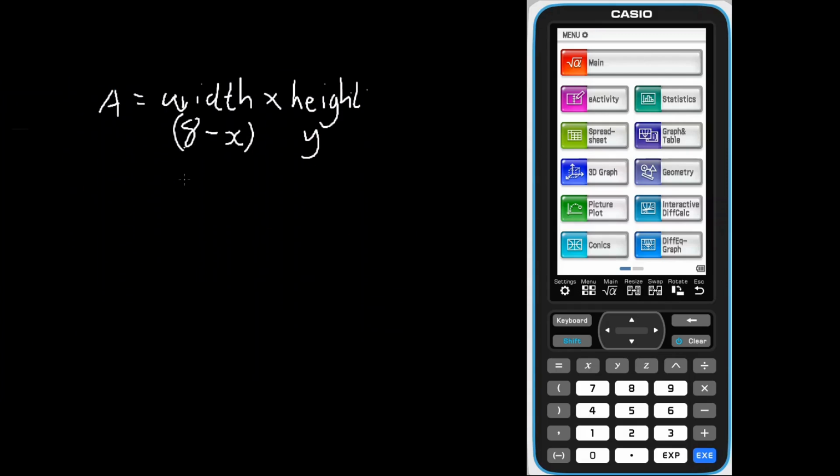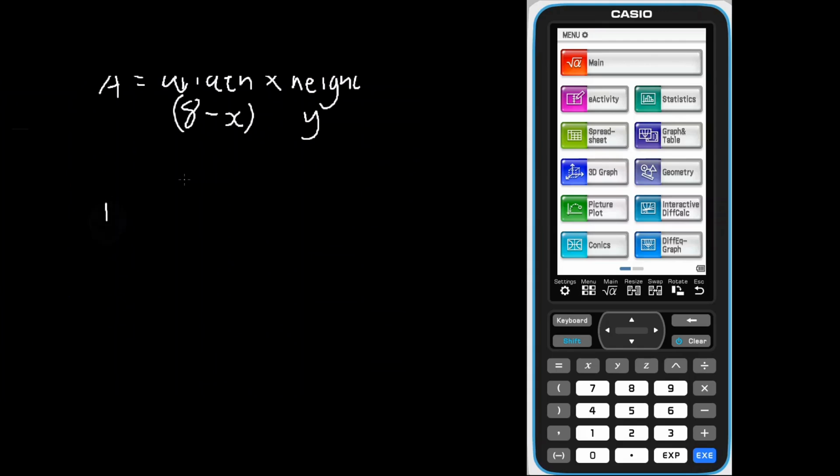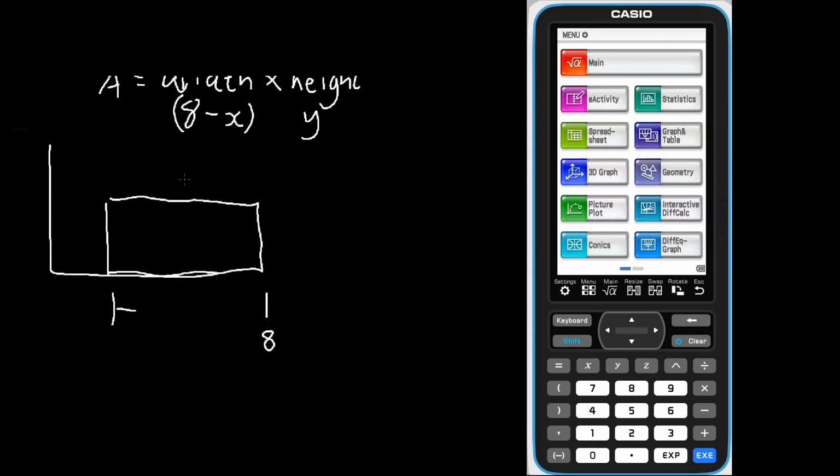I'm just going to explain that a little bit more. If we choose a point here, and our axis starts here, and this we always know is 8 units. That's the whole point. What we're going to say is that the width is from here to here, but we only know the value from here to here, which we're going to say is x.